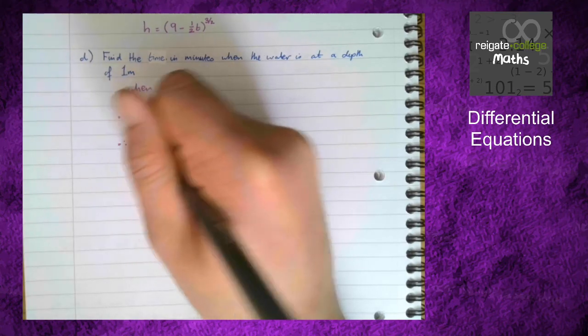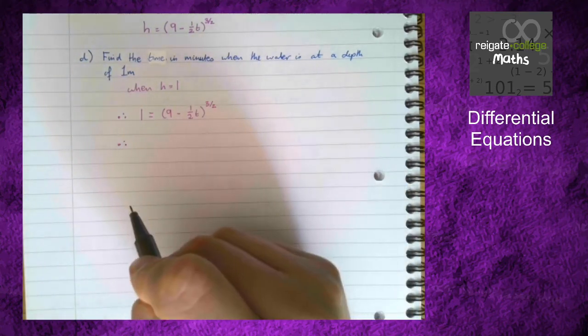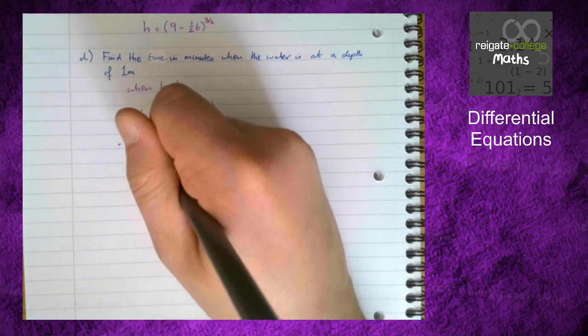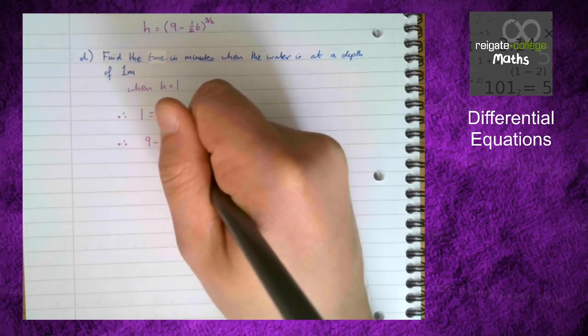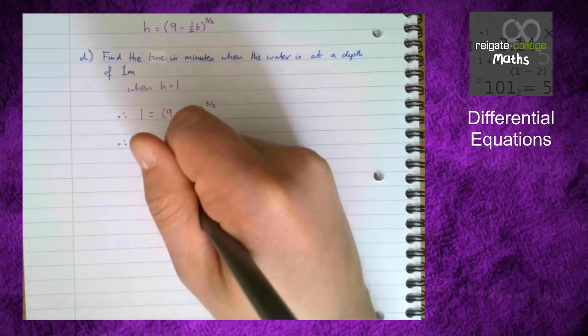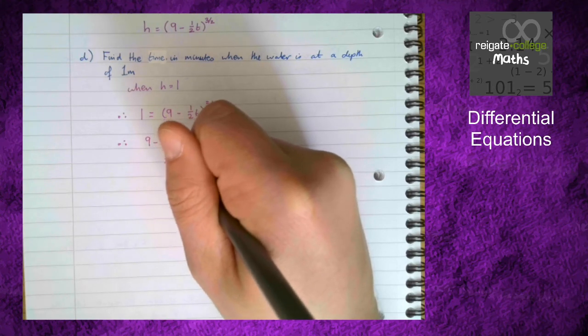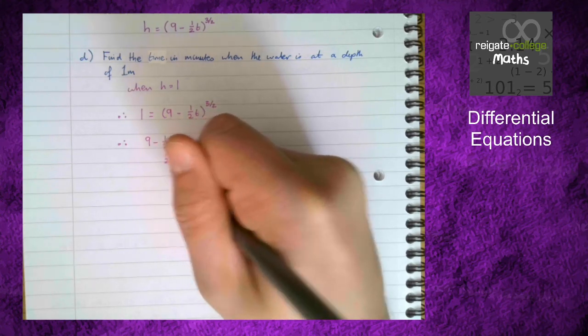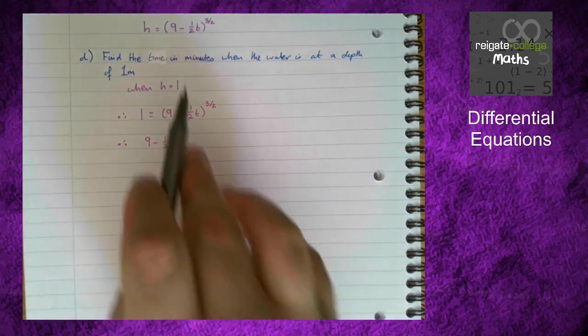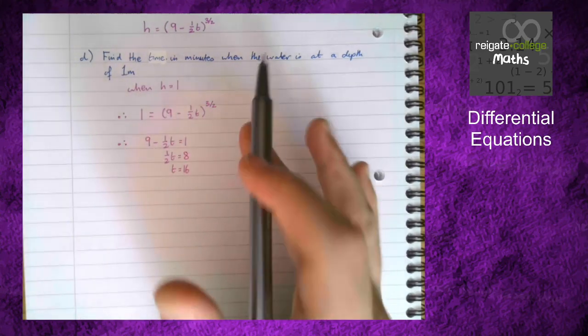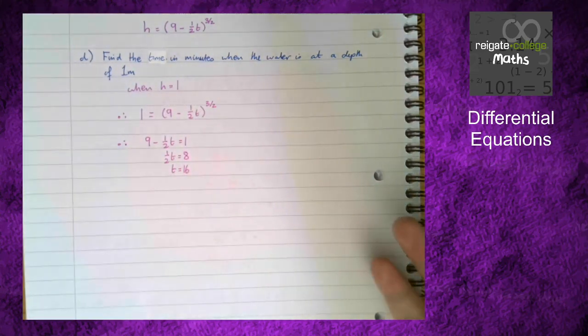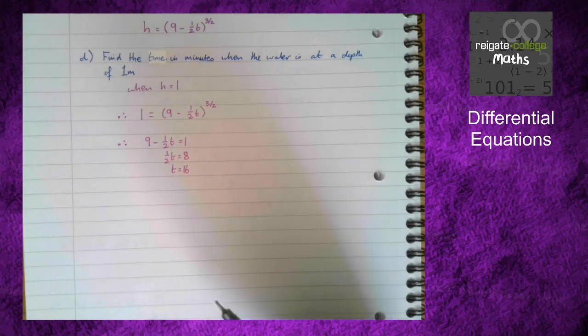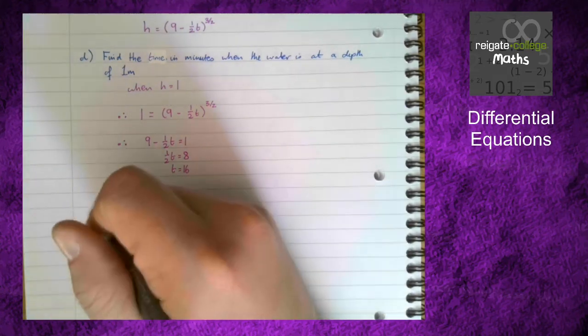Because of the way 1 works, undoing that is nice and easy. So we know that 9 minus a half T is 1. A half T is 8. So T is 16. The key thing here is the question doesn't say find T, it says find the time in minutes. So we need to relate it back to the situation we're in.